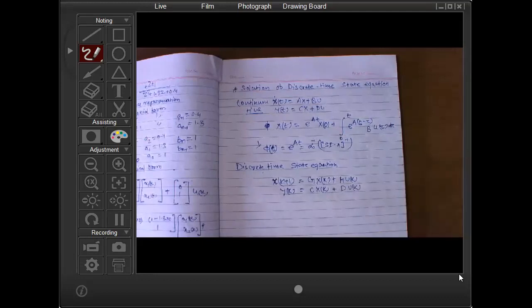Now we have to find the solution of the state variable in the discrete time system.